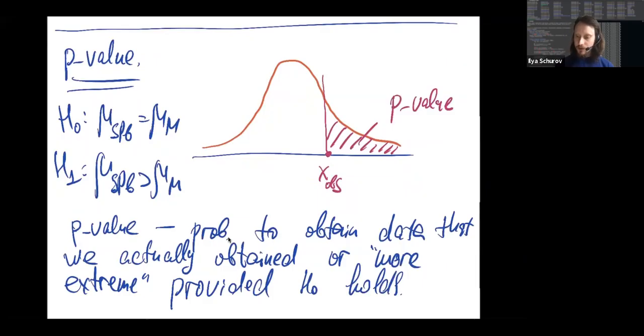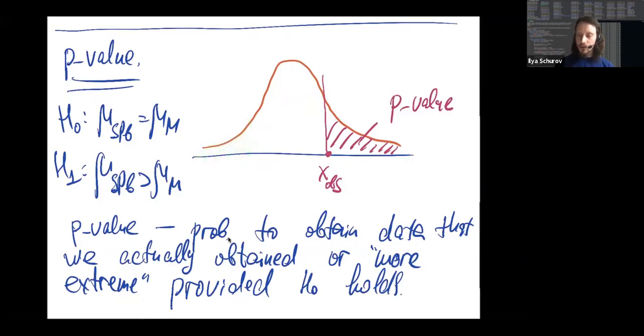So what more extreme means depends on the alternative. If alternative is this one, then more extreme means larger. For opposite alternative, more extreme will mean smaller.